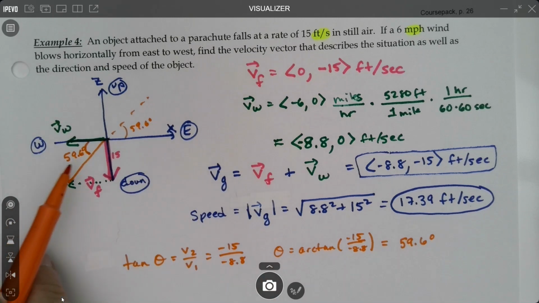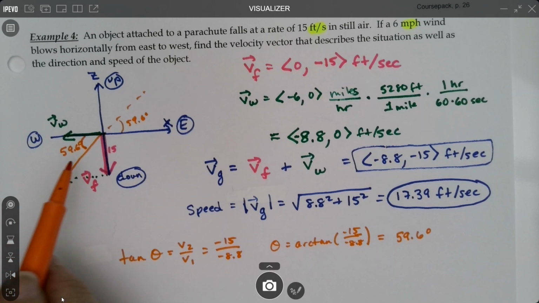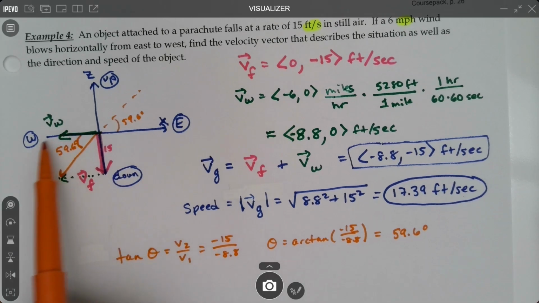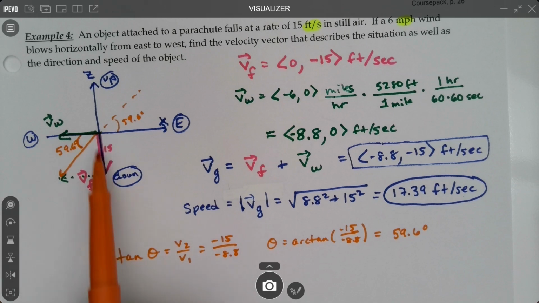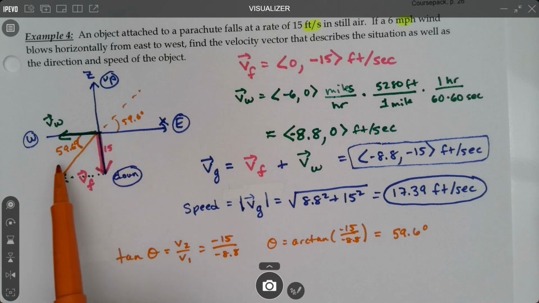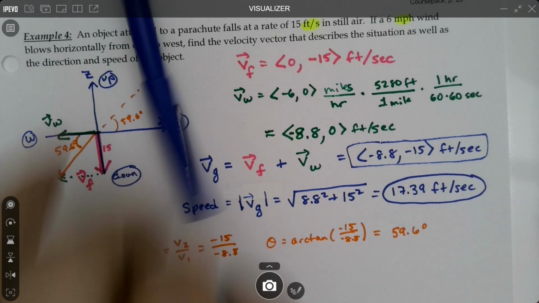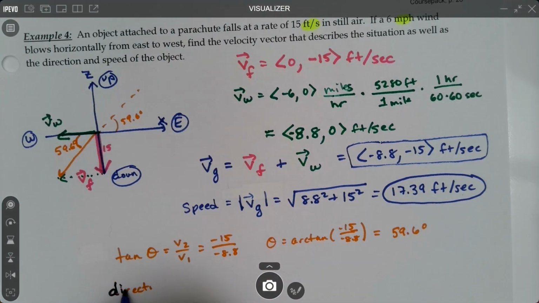Okay, but that would be 59.6 degrees below due west, right? It's falling 59.6 degrees below that western. So instead of falling straight down, it's getting pushed along by the wind, and so it's falling at an angle. So if I want direction, it's a little strange because it's not really like south.